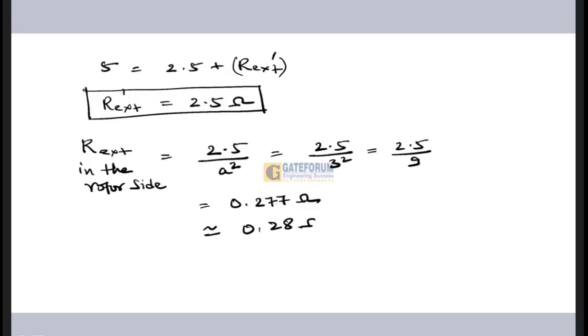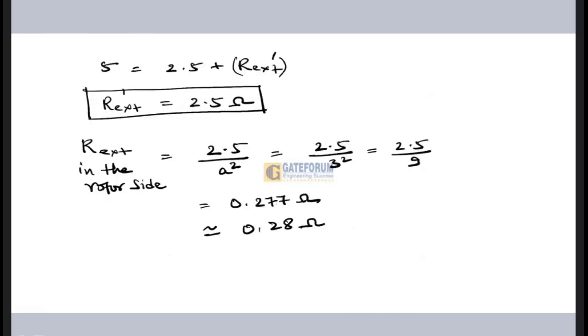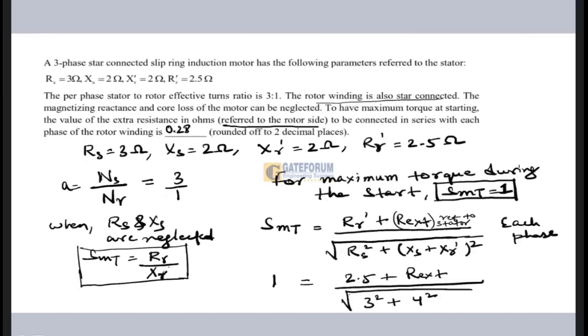So it will come out to be 0.28 ohm. I have rounded it to 2 decimals. So the value is 0.28, and they've asked in ohms only. Okay. So this was the correct explanation of this question. End of the question.